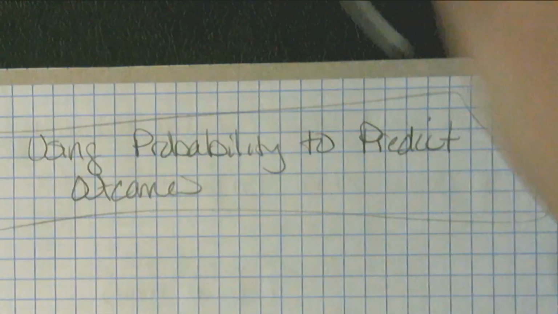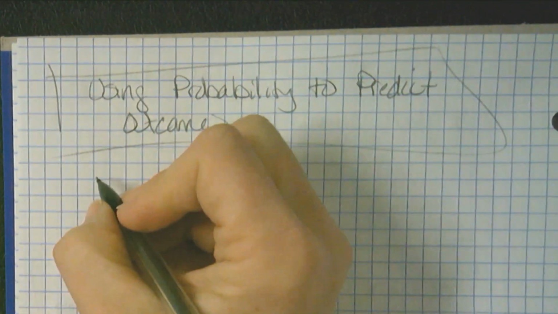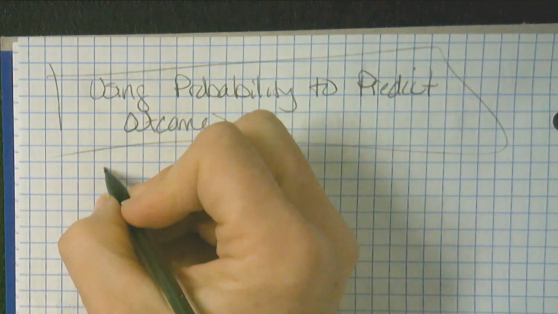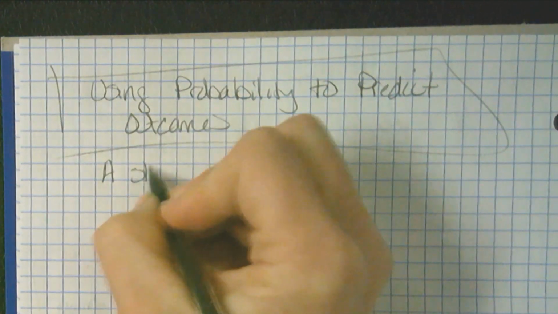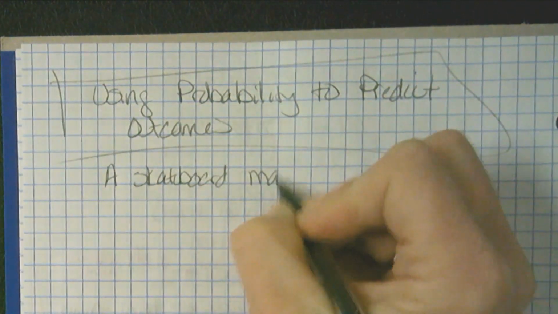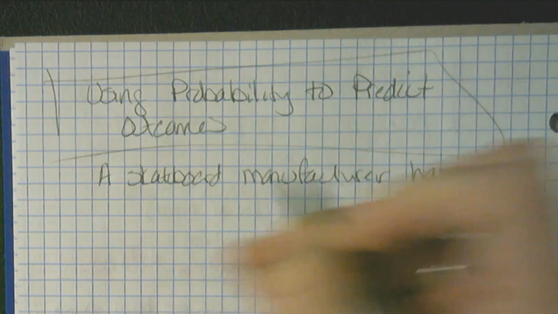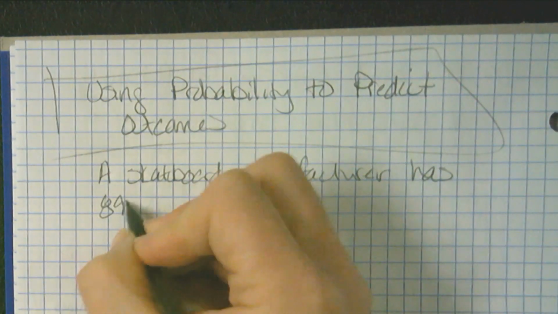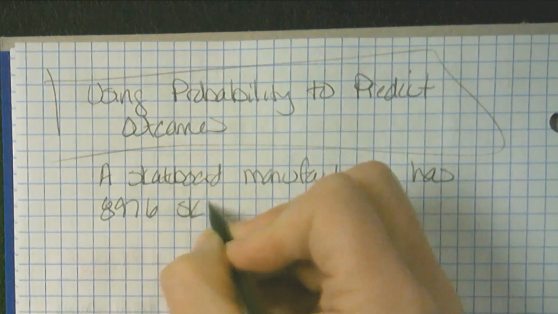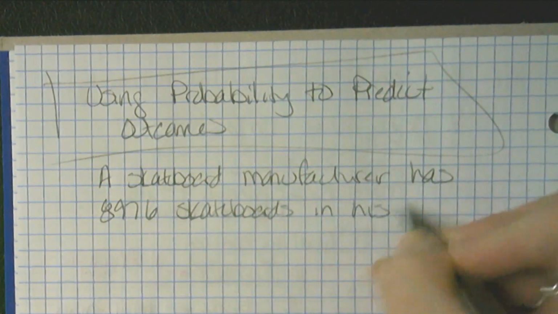All right, so I'm going to set up a very similar situation. All right, so let's say a skateboard manufacturer has 8,976 skateboards in his warehouse.